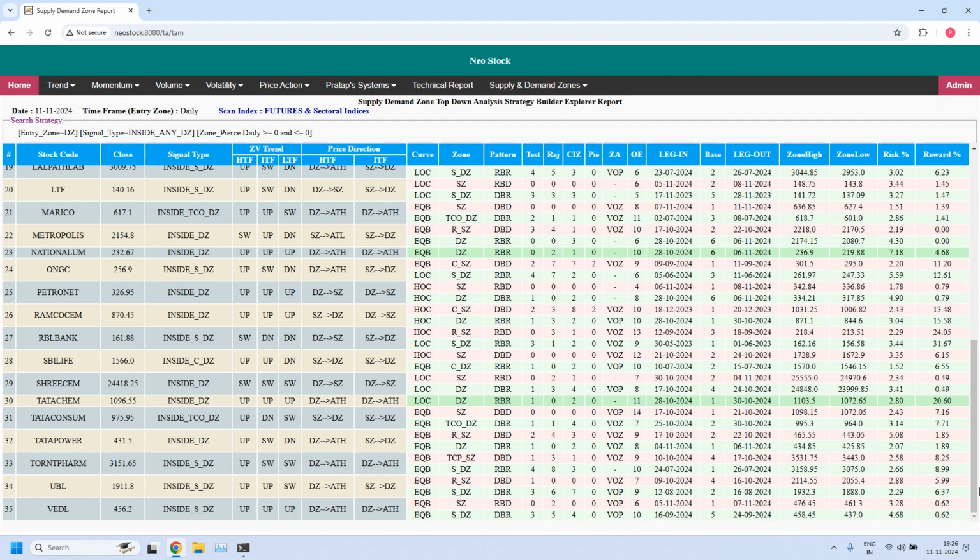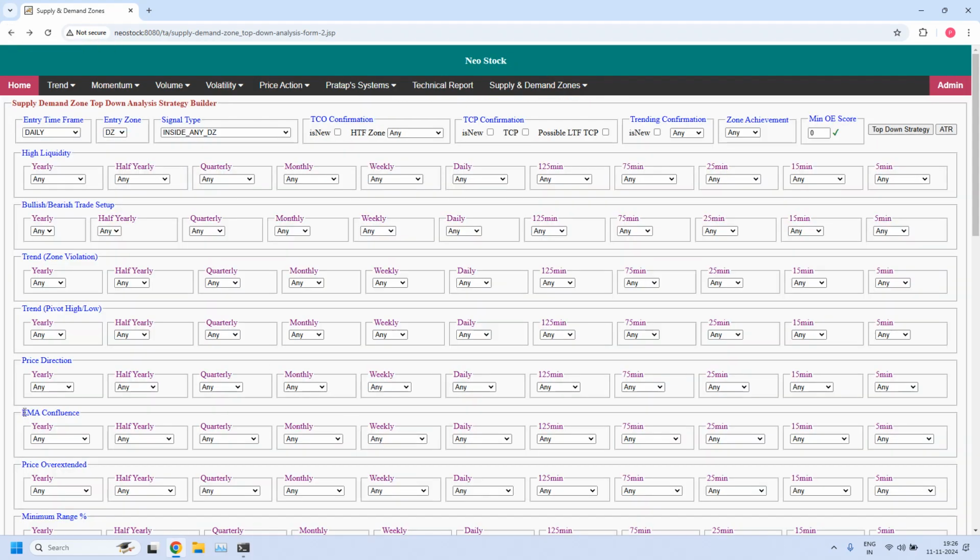Okay, now let me look into the high probability setups from this. That means high probability supported stocks based on EMA Confluence. How many of these demand zones are having daily EMA Confluence? So in the EMA Confluence, daily time frame, daily demand zone with daily EMA Confluence. But the EMA Confluence should not be in sideways trade setup.